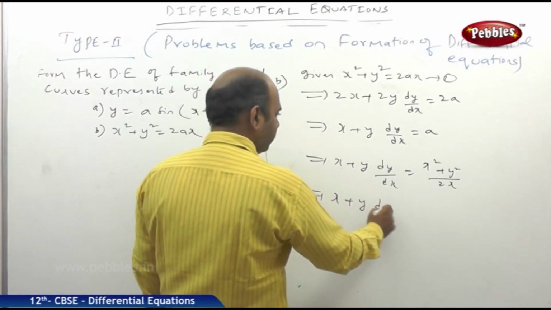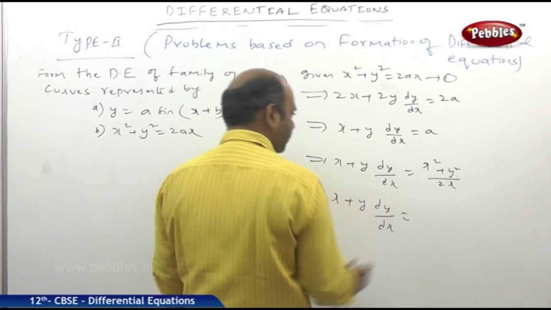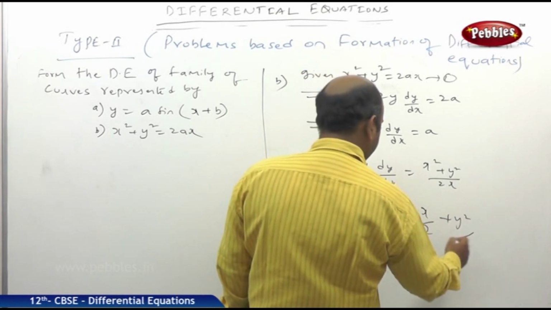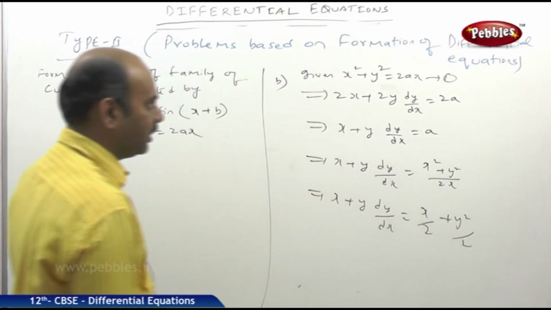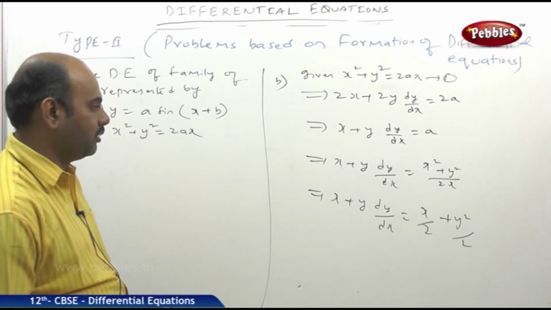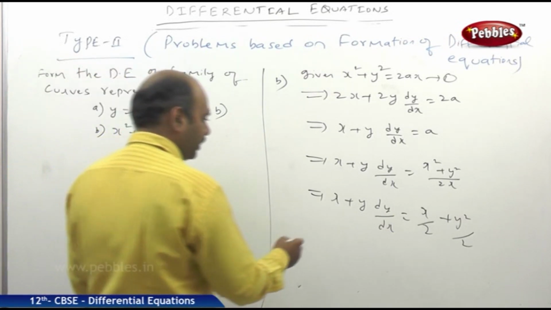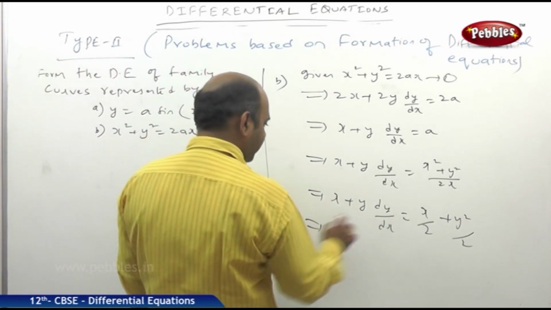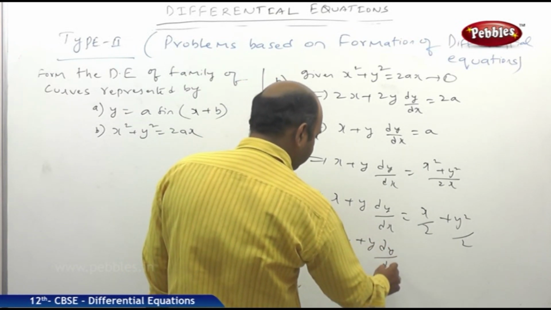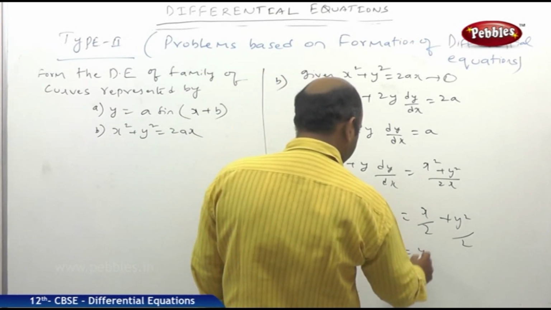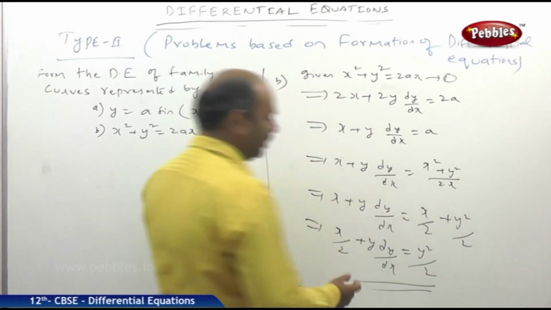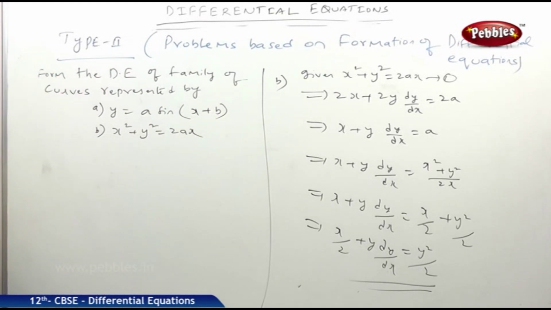So x + y dy/dx = x/2 + y²/(2x). So we got a differential equation where the term a is not involved. Finally, calculating, x − x/2 will be x/2, so x/2 + y dy/dx = y²/(2x). So this is the final differential equation for us.